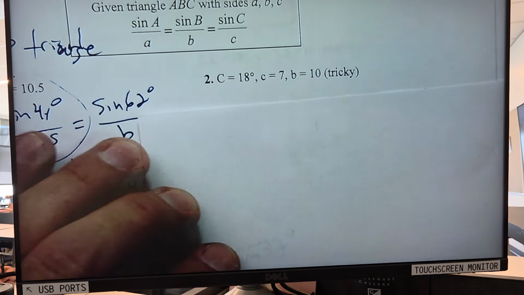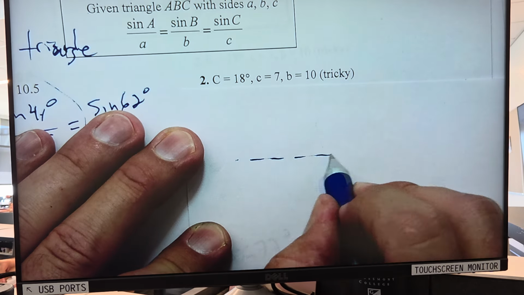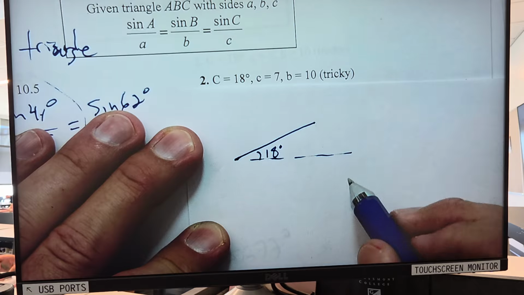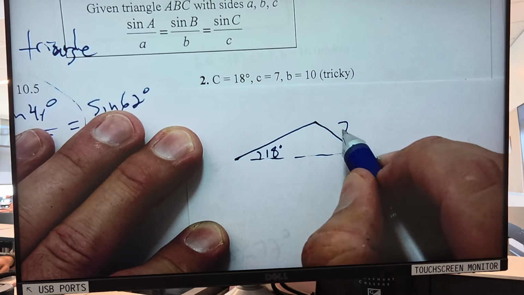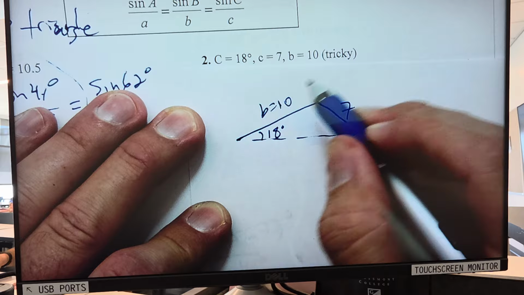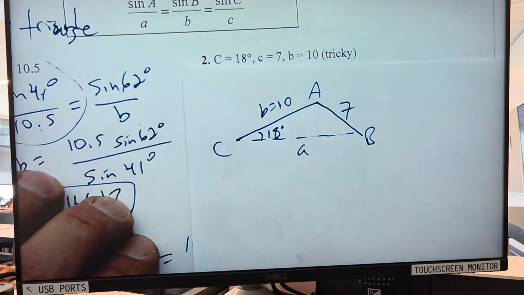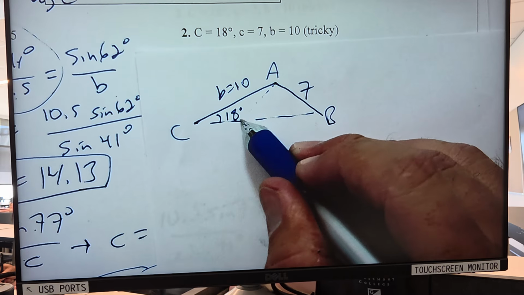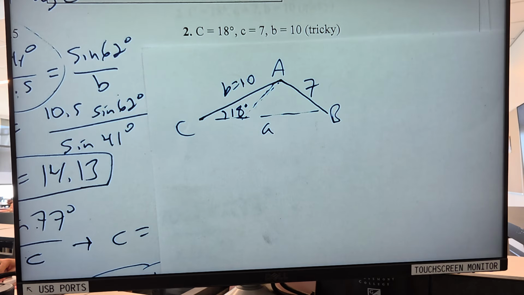So angle C is 18 degrees, side C is 7, and side B is 10. I'll draw it like this for the moment. So this will be angle B, this is angle C, this is angle A, this is side A. So there could be a second triangle like this. Do you see what I'm saying? Same idea.